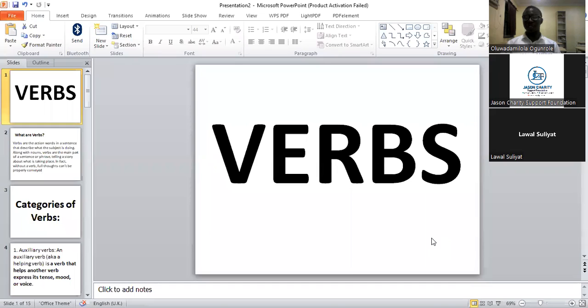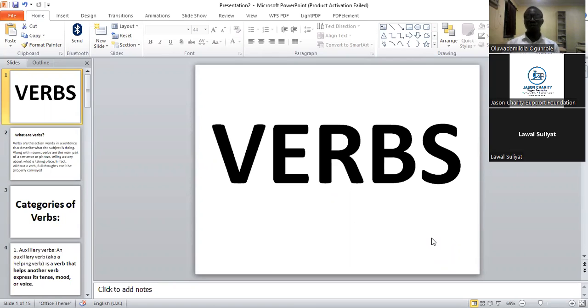The verb actually is the most important part of speech when it comes to the English language, or basically English grammar. I might want to say that there is no expression that you make in the English language that is considered sensible or meaningful without the verb in it.